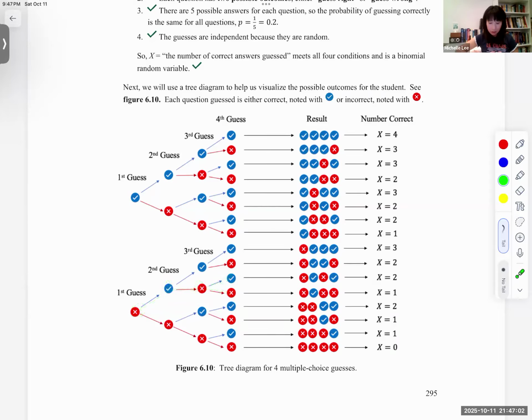And wrong, wrong, right, right, wrong. The last one, wrong, wrong, wrong, right, wrong. Whew. Okay, so everything, the result: right, right, right, right, right, right, right, wrong, right, right, wrong, right. We have everything, yeah?